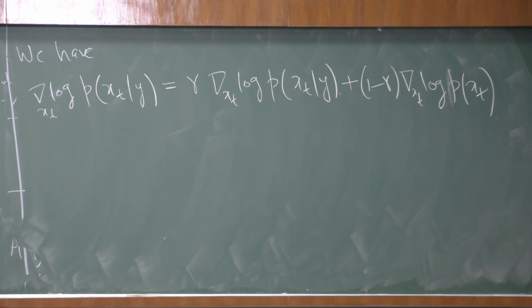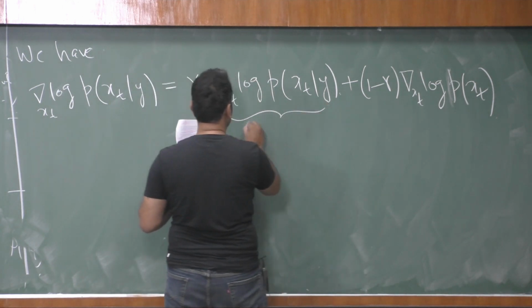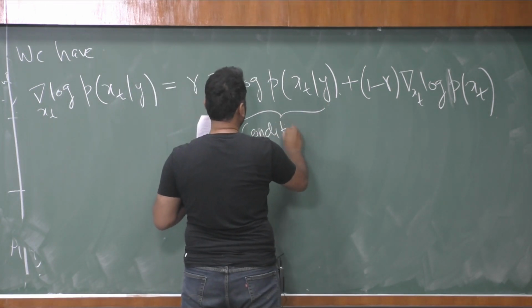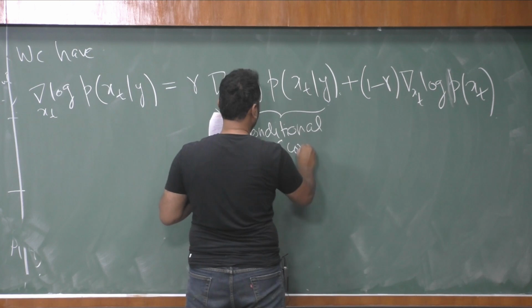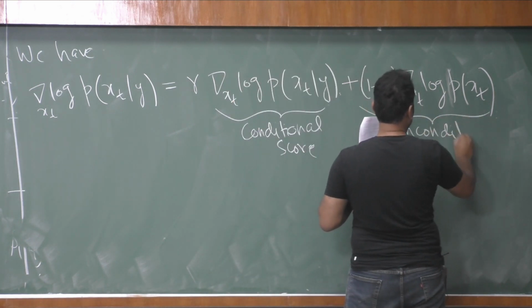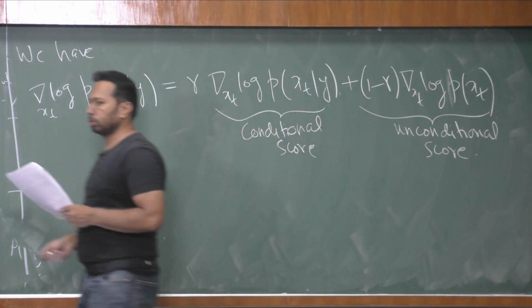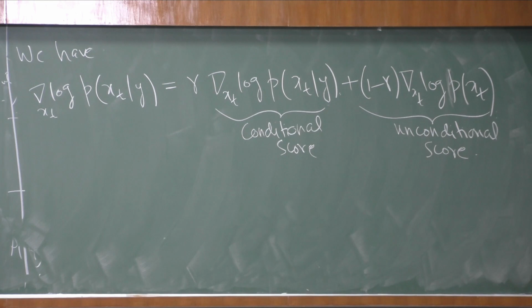So what we have is a conditional score, and this is our unconditional score. Basically we have to learn, for a given y, what are the noisy images that I'm going to produce in the forward pass.